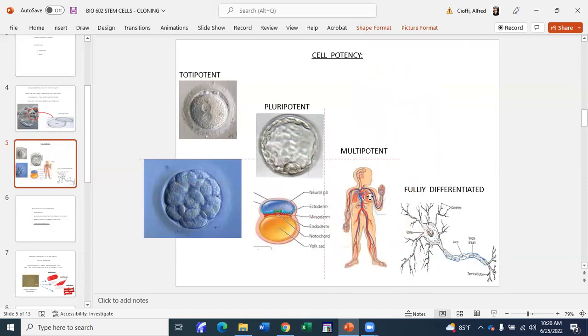Basically, multipotent is just the cells in our various systems, the half dozen, 2 dozen systems that we have, depending on how you classify them, that have the potential for becoming any cell within that system itself, but it's system specific, all right? So basically the level of pluripotent is broader, is basically within the 3 germ layers.